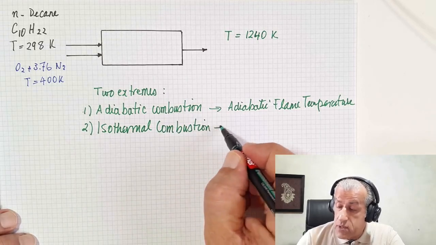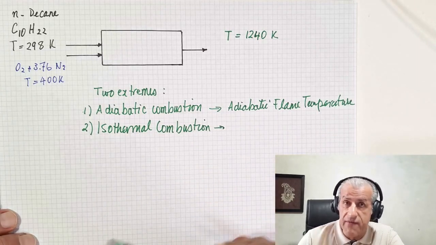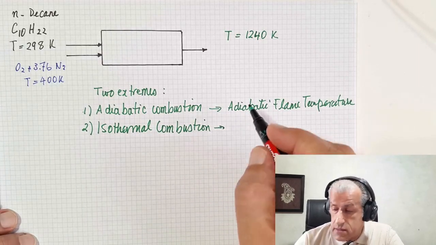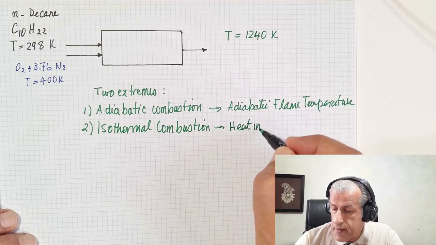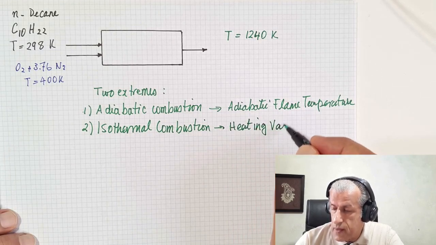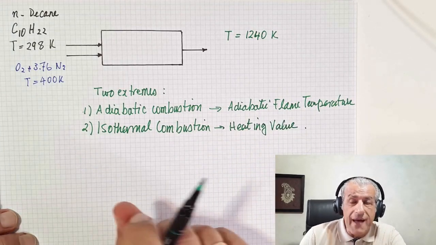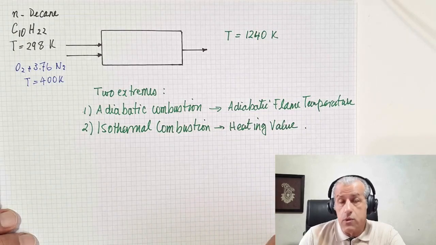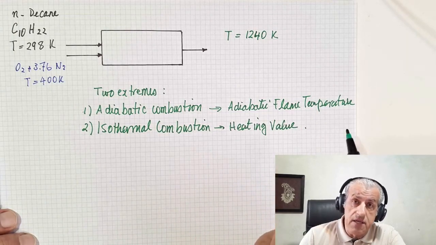And what we conclude from that is the amount of heat that we have extracted is called the heating value of the fuel. And that's the maximum possible heat one could extract from the combustion of this fuel.